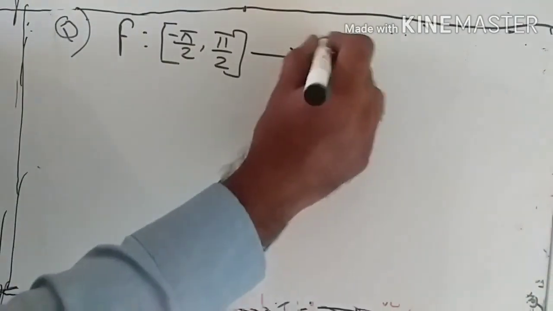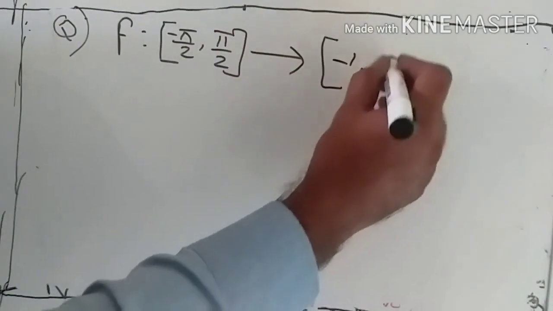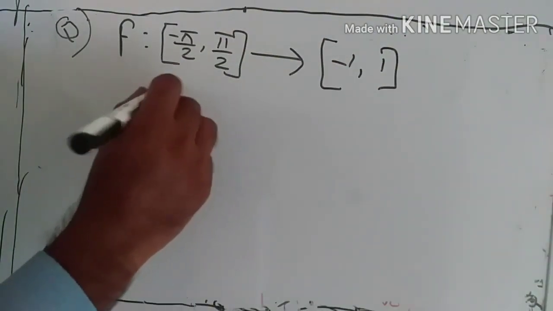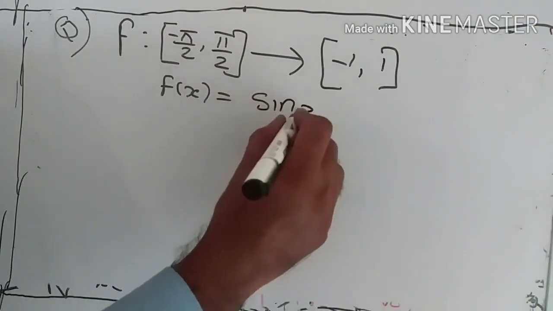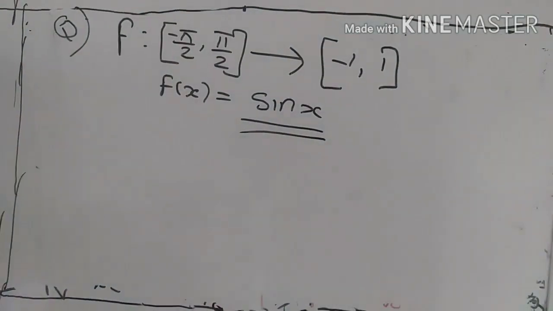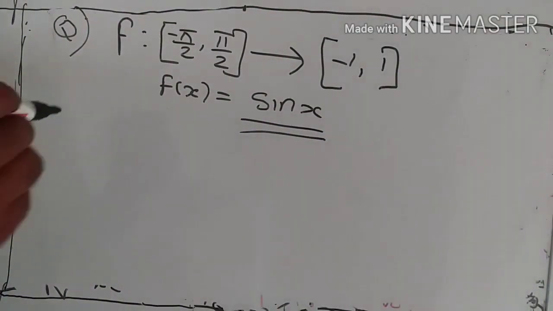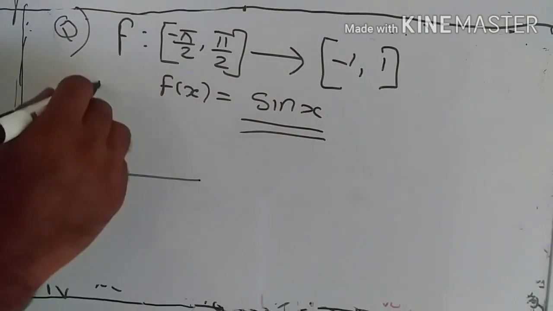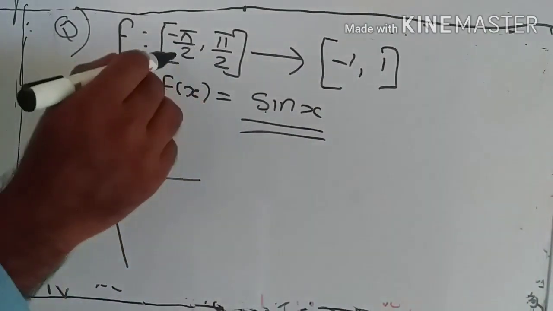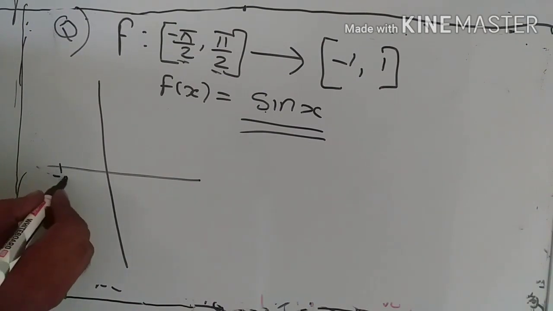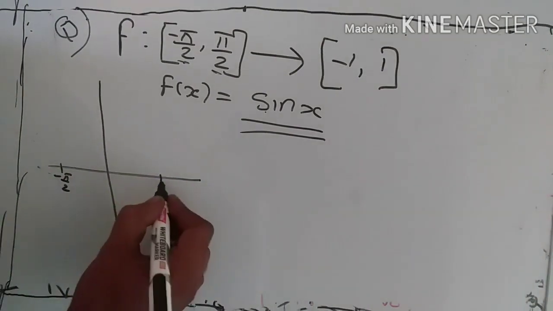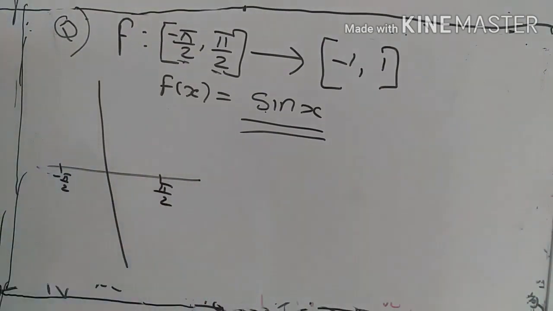Now the codomain is given as -1 to 1, and the function is f of x is equal to sin x. So the first step is to draw the graph of sin x from -π/2 to π/2. This is the given interval of the domain.